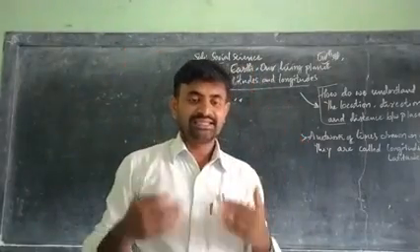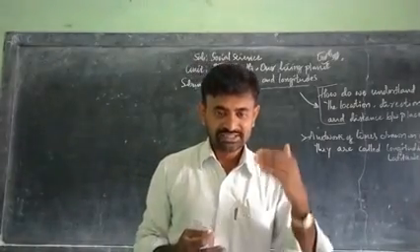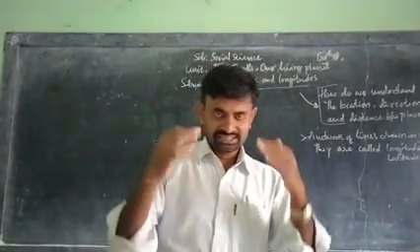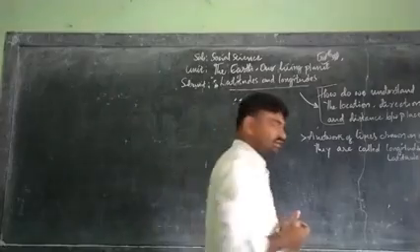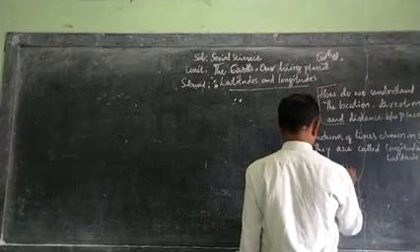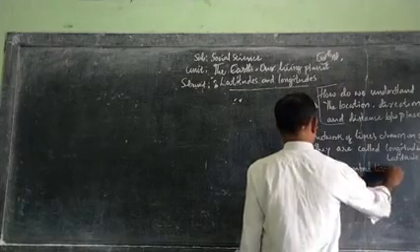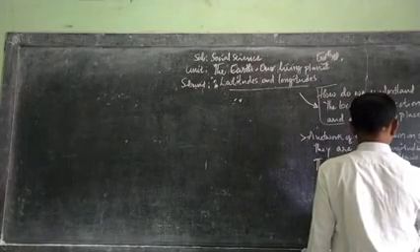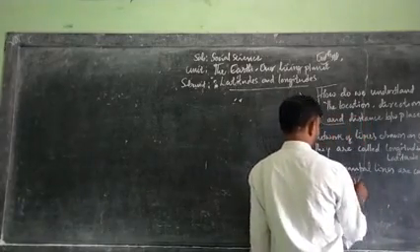The horizontal lines are the lines of latitudes. The horizontal lines are called latitudes.